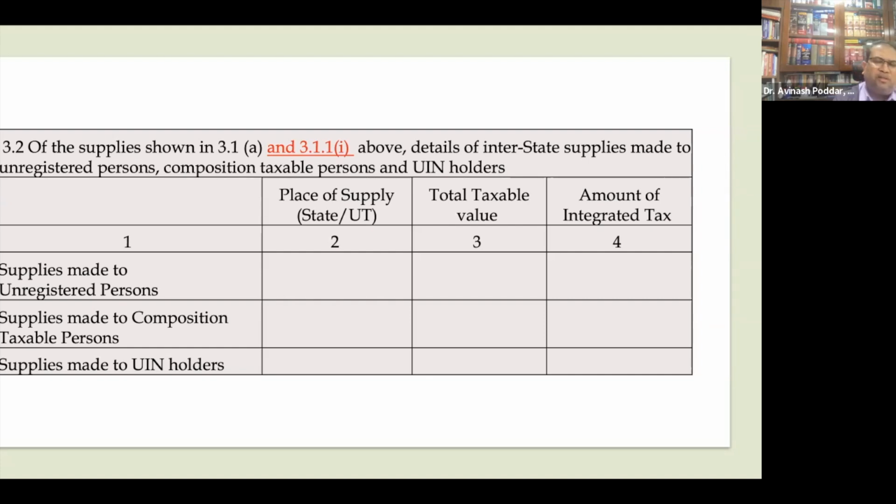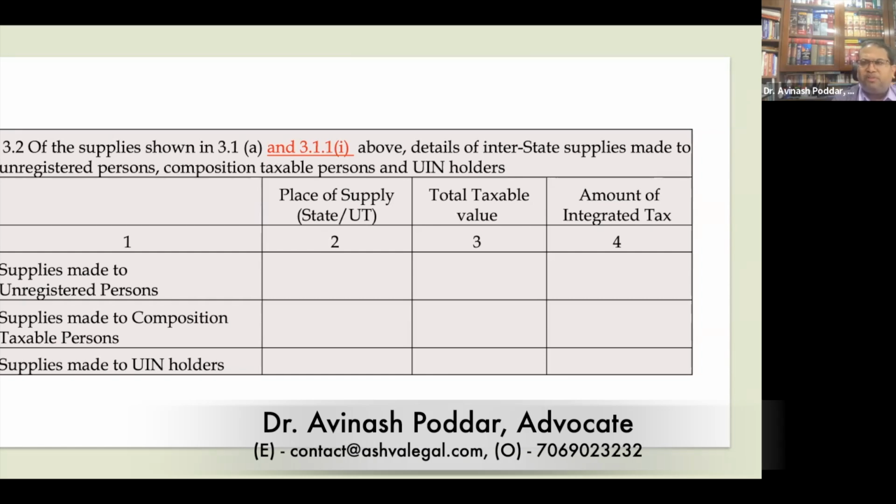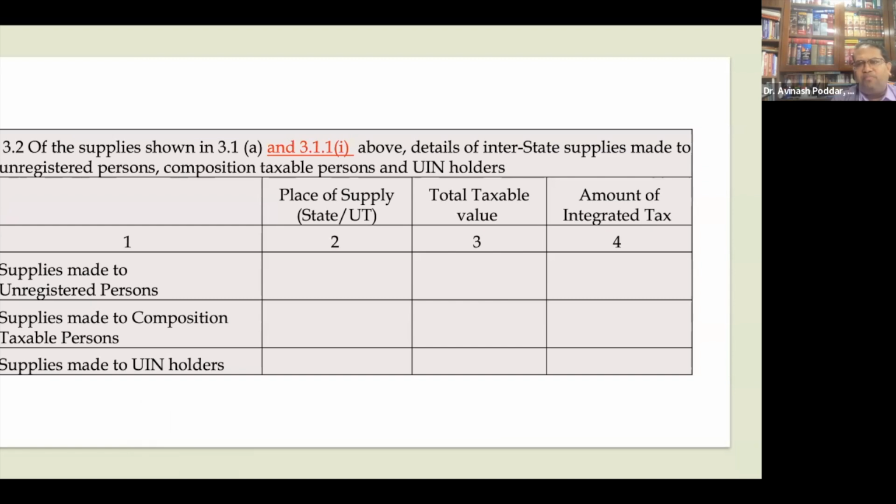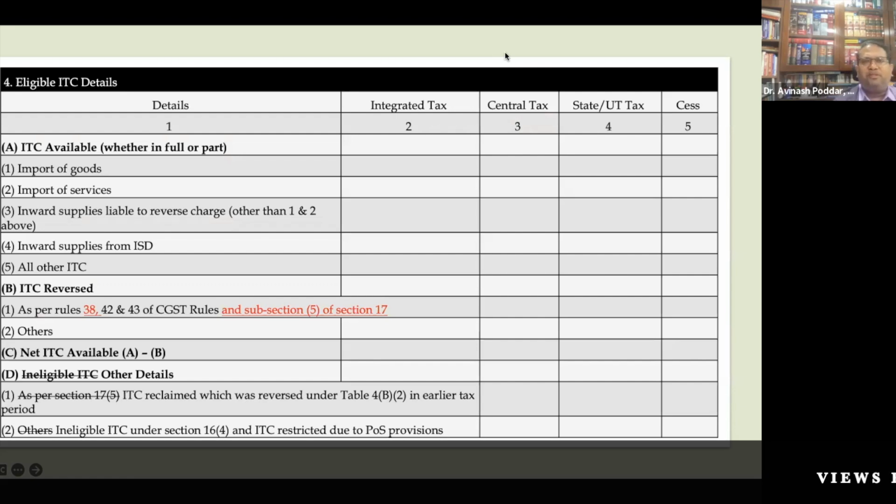And they are specifically saying that we need to report the details of such supplies place of supply wise in table 3.2. and similarly composition के लिए भी वो बोल रहे हैं कि place of supply wise we need to show in table 3.2. so this is what they are stating in this circular, and therefore we must as a compliant taxpayer we must keep this in mind and fill the form to the best possible manner, and the data and the figures which we are mentioning and the place of supply specifically must be correctly mentioned to the extent possible. Now, this is the major change.